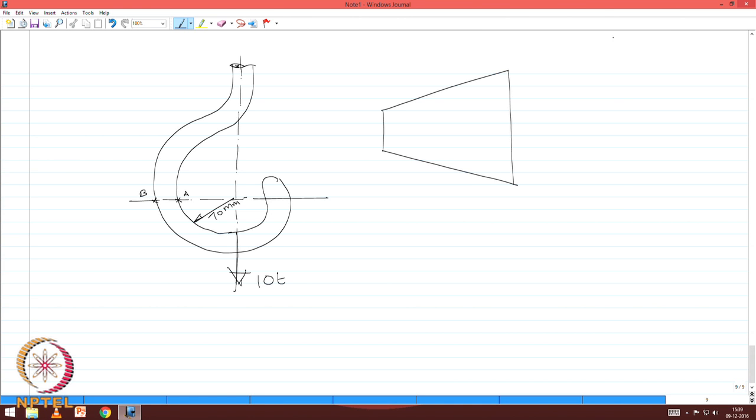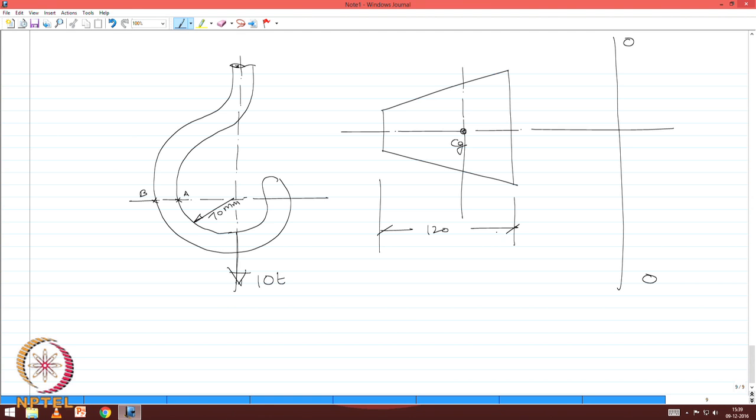So, this becomes my OO axis now. I need to locate the CG. This becomes my CG. These dimensions are given as 120. This is B1 as per our nomenclature, which is 90.